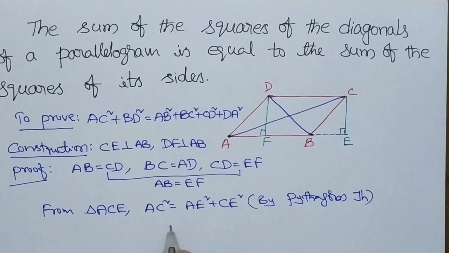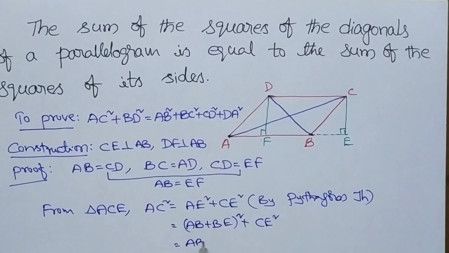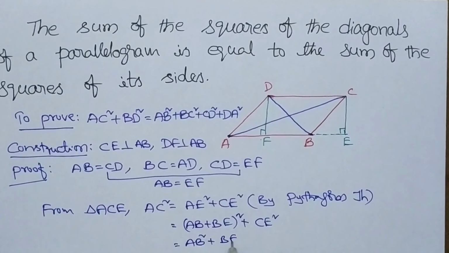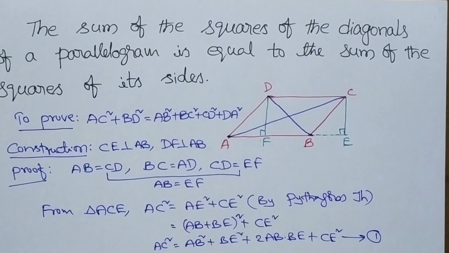Now we can write AE as AB plus BE whole square. Let us write CE square as it is. Now let us expand this one by using A plus B whole square. So AB square plus BE square plus 2AB into BE plus CE square. This is nothing but AC square. Let us take it as equation number 1.